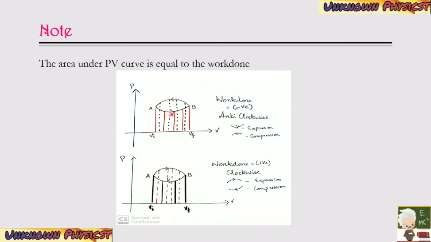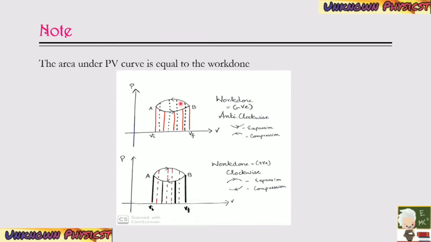For the expansion curve the area is given by straight lines, and for the compression curve the area is given by dotted lines. If you note, the area of expansion is less than the area of compression, so our work done here will be negative.